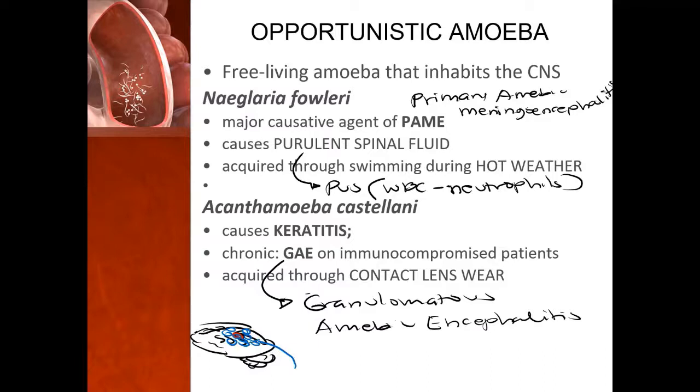However, the WBCs get stuck there. They can't go back to the bloodstream. And then what will happen? It will form a granuloma. A granuloma is like a round collection of WBCs. That is why it is called granulomatous amoebic encephalitis.